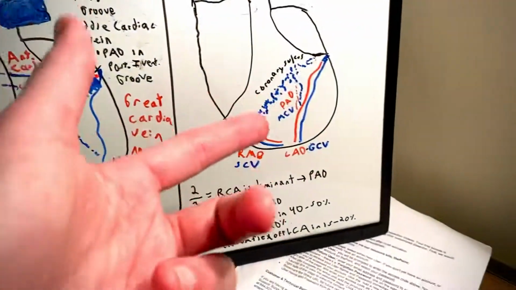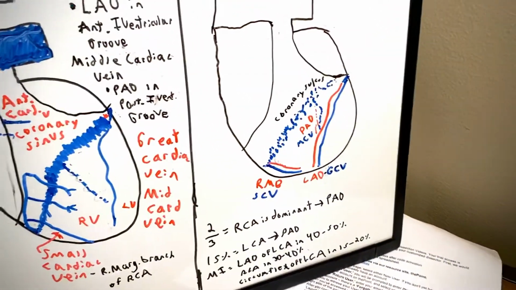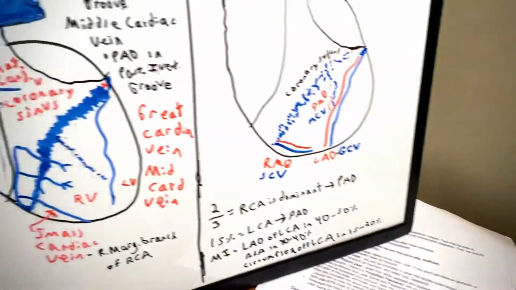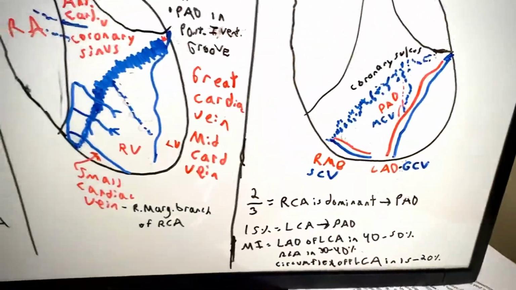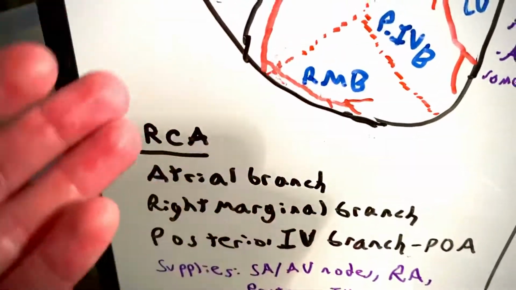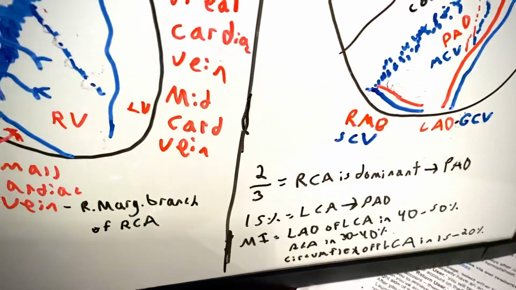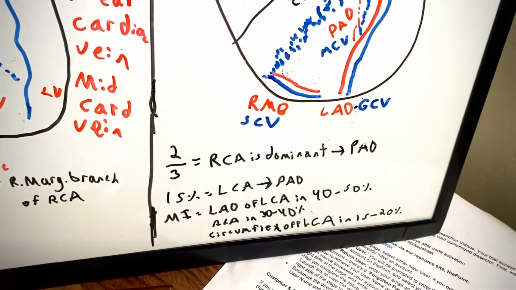So for some reason I wrote PAD, it's not, it's PDA. Well, whatever. It's the posterior descending artery, or the posterior interventricular branch. It usually arises from the RCA, as we see all here. In 15% or so of people, it will arise from the left coronary artery.